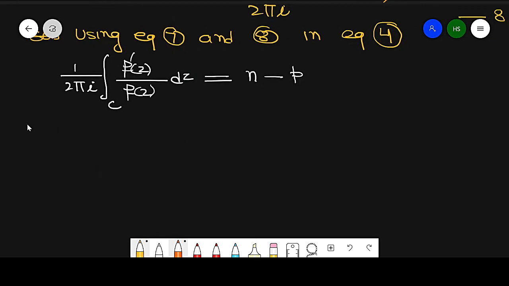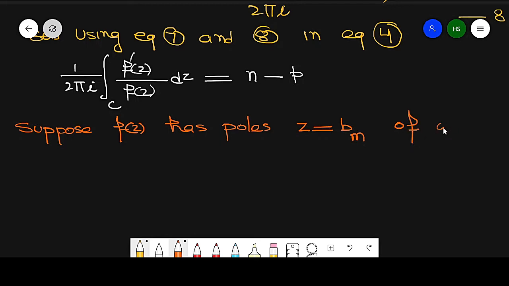Suppose the function f(z) has poles at z equal to bm of order pm, where m runs from 1, 2 and so on up to r.